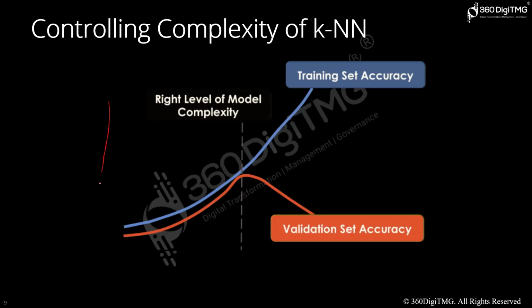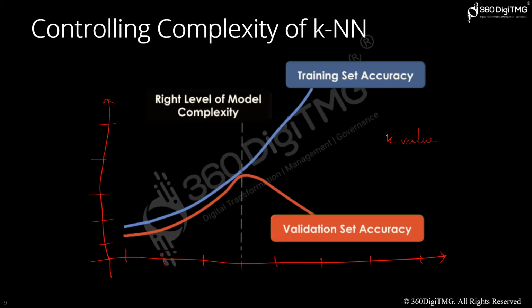Let's draw a graph here. Here, the hyperparameter we are dealing with is the k value.